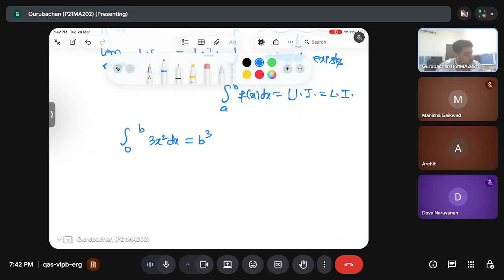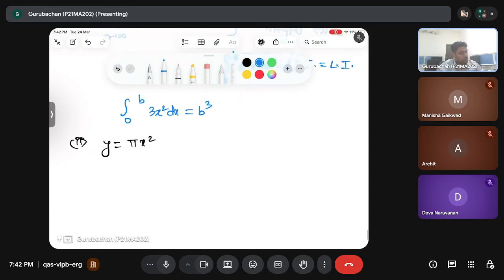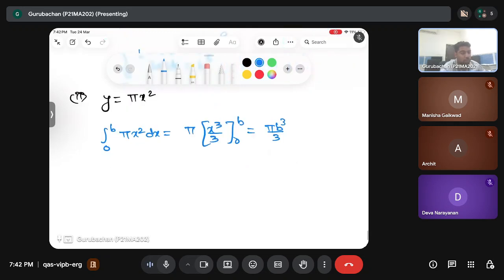Yes, sir. Now quickly let us apply this over pi x square. So obviously the integral from 0 to b of pi x square dx will be pi x cube divided by 3, from 0 to b, so this will be pi b cube divided by 3. But let us apply the definition of partition.